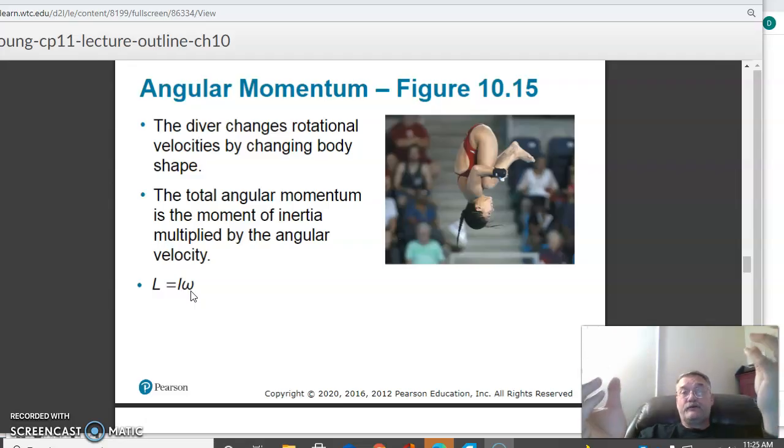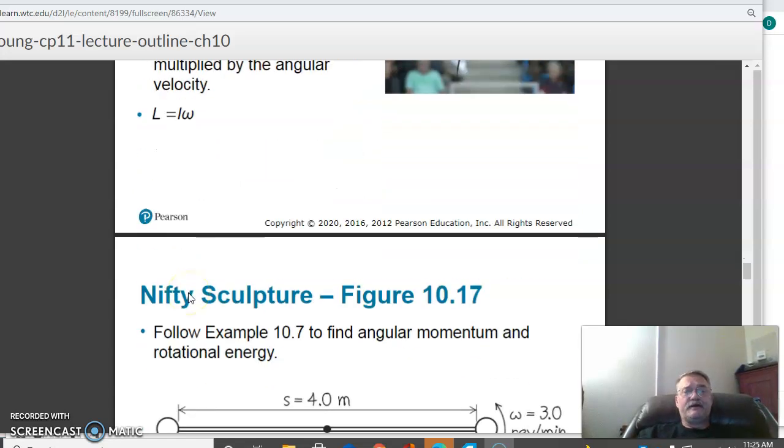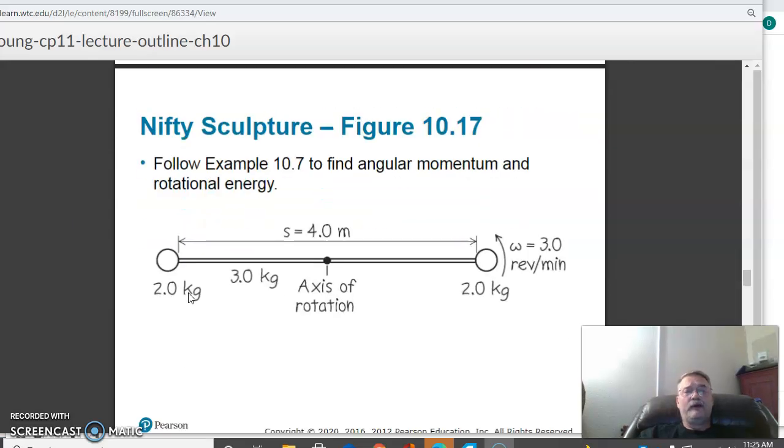So as one goes up, the other comes down, but they are both directly proportional to the angular momentum. Sorry, I messed that up just a little bit, but hopefully you get the point.